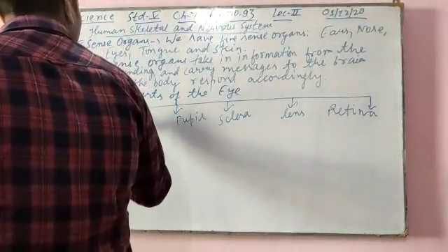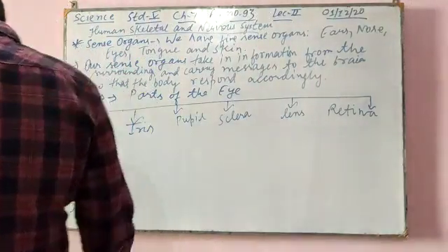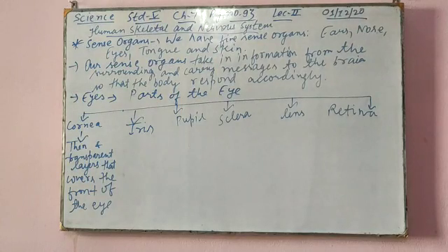Now second is what? Iris. The round colored part of the eye present behind the cornea.